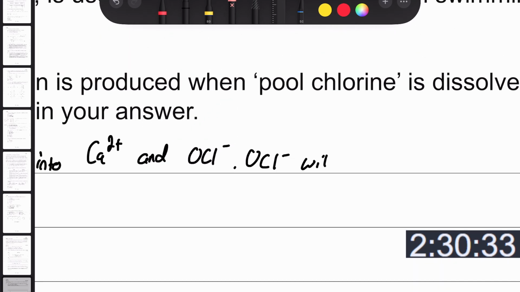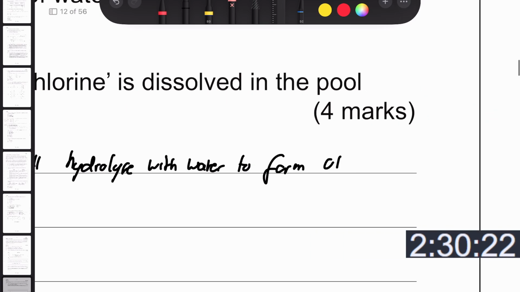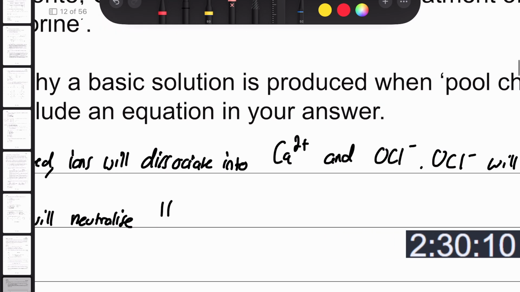OCl minus will hydrolyze with water to form OH minus ions, which will neutralize H3O plus.